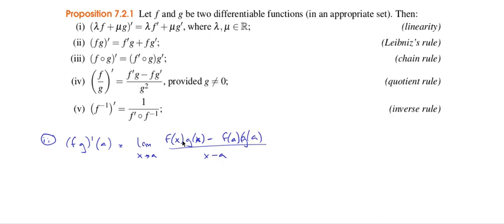Now I want to get a factor f prime here. So what I want is to introduce this new term, minus f(a) g(x), right? Because if we have that, now we can take a common factor g(x), and then this is f(x) minus f(a) divided by x minus a, this is f prime, right?